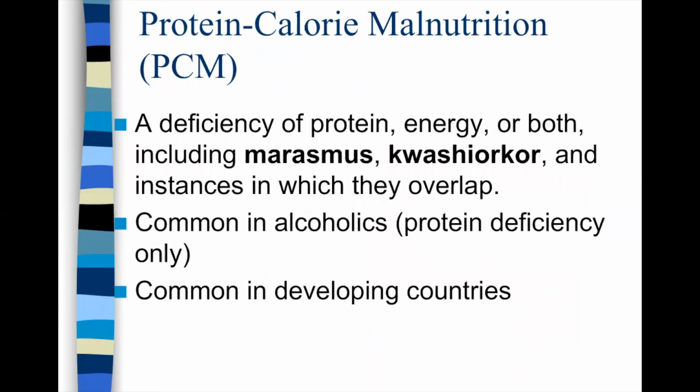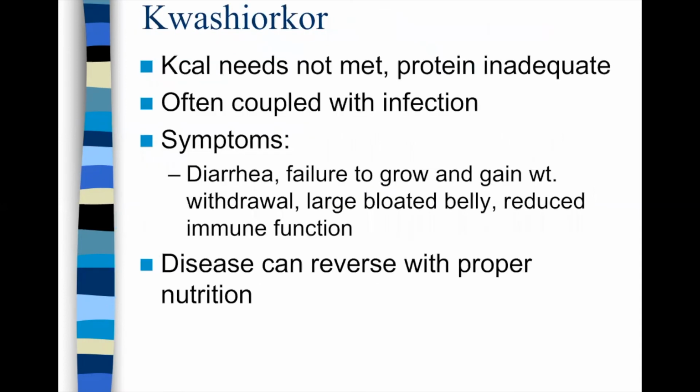This is common in alcoholics because most alcoholics are getting the majority of their calories from the carbs in alcohol, and they're not eating protein foods, and it's common in developing countries. This puts people at higher risk for infection, disease, muscle loss, weakness, tiredness, lethargy, and even death in some cases.